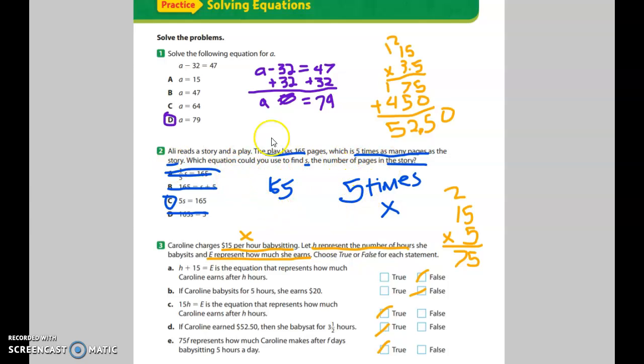This is a lot smarter way to work. It doesn't take as much time or as much thinking as if I were to try and do the work for each one of these solutions. This process of elimination works very well when you're doing work like this in math. So just a couple strategies that you can apply to other math situations.